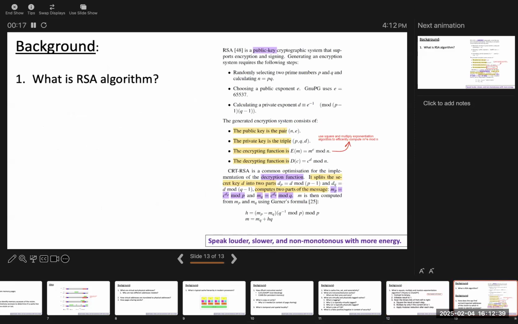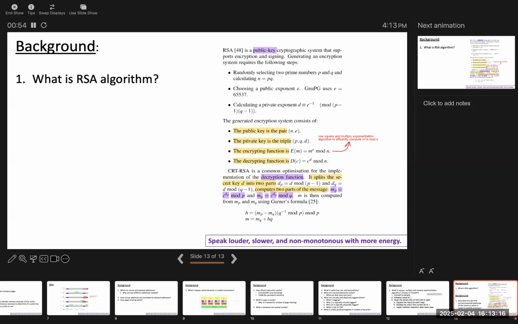Let me write that same statement here: MQ is equal to C raised to power DQ mod Q. But in actual implementation, this DQ is a huge number, which means you need to do a lot of computation and it takes time for this part only. Only after that you can do the mod, right? So it is super slow.